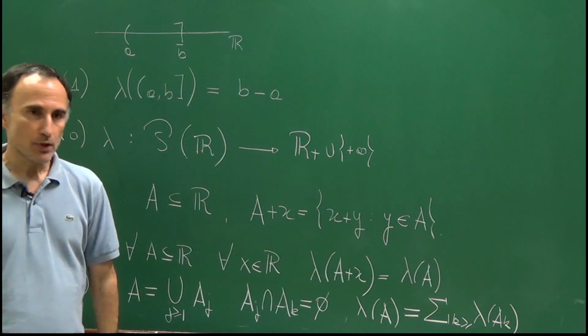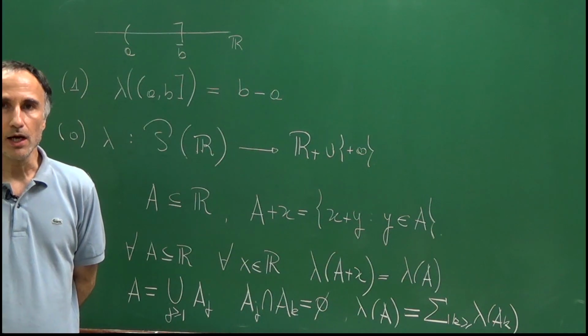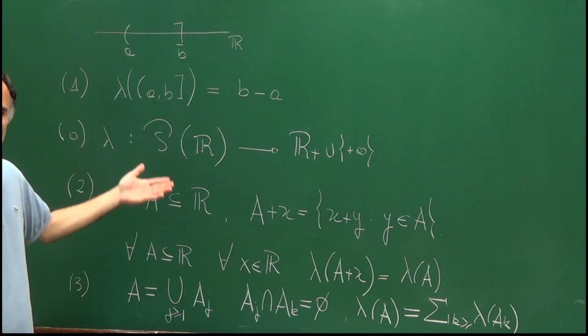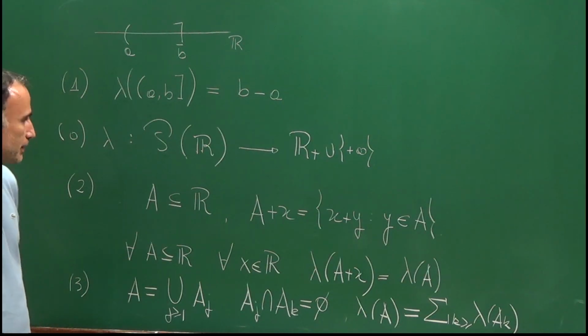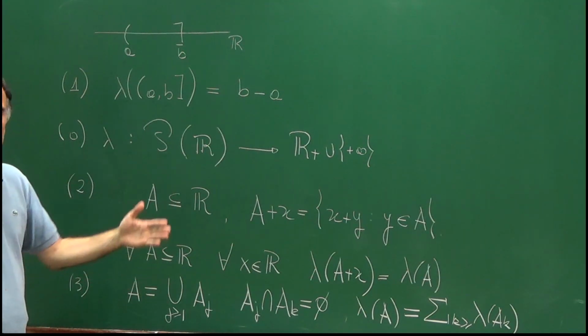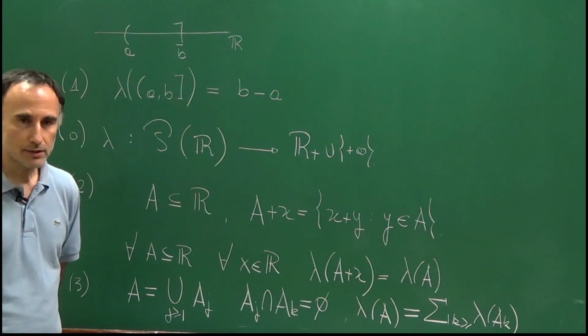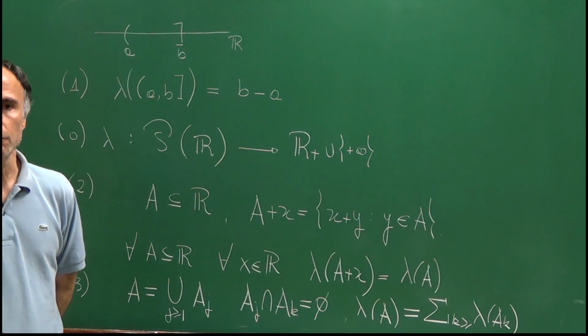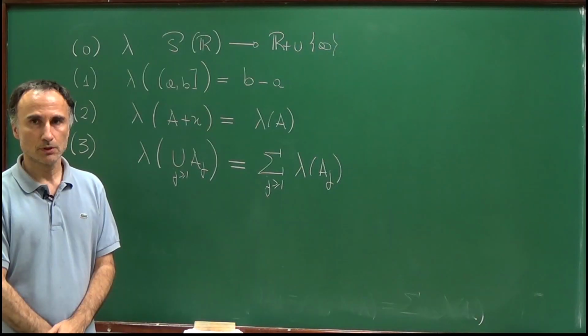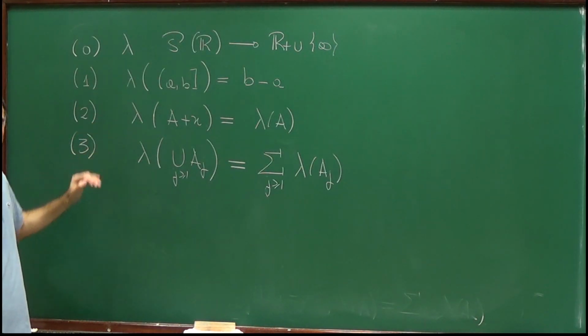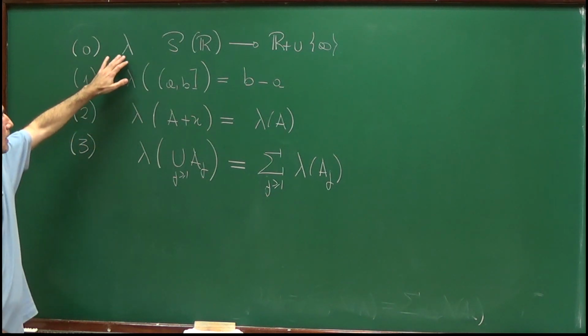So today, what I will do is show that this is impossible. I will start by assuming that there is such a function, and I will reach a contradiction. To do that, we will use the axiom of choice. I just wrote here the 4 properties I'm assuming that lambda satisfies.